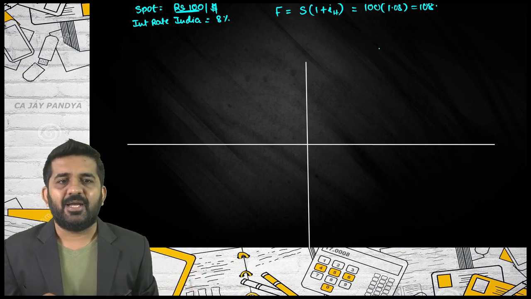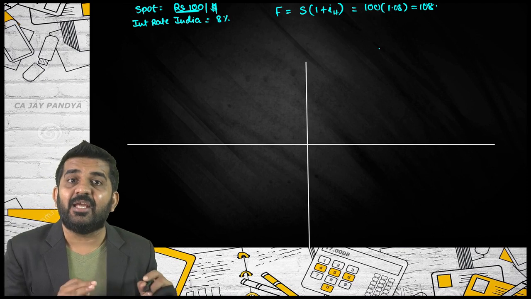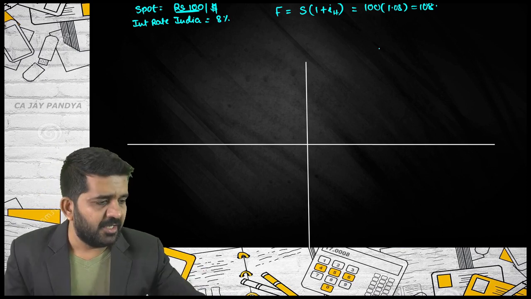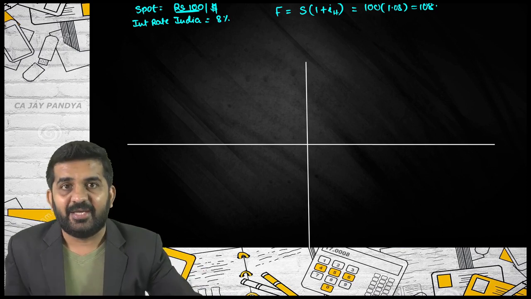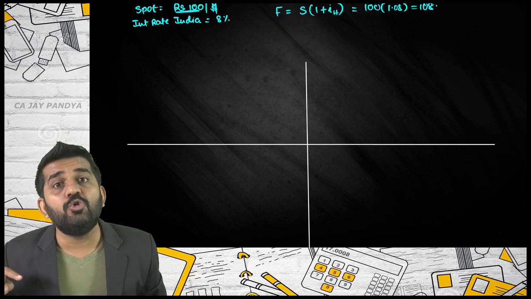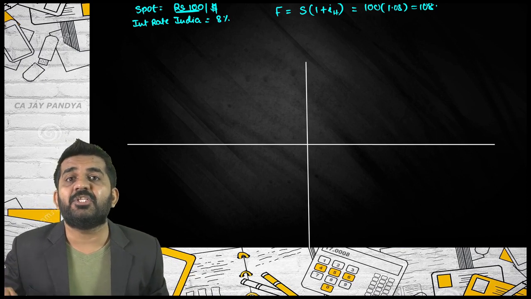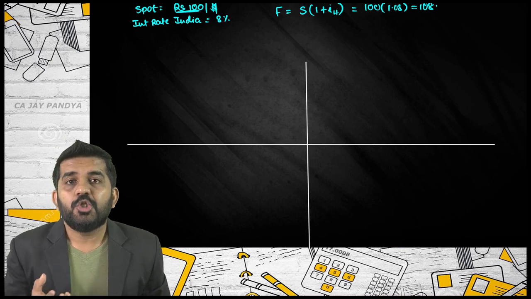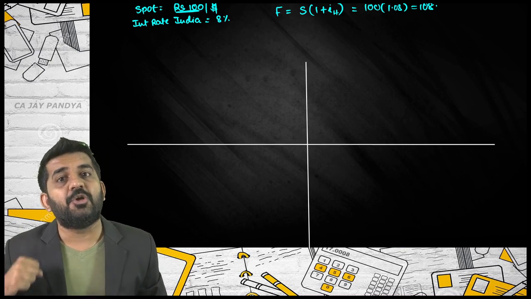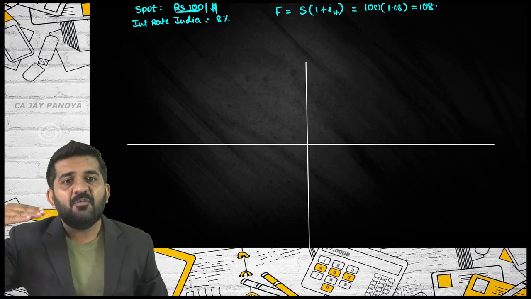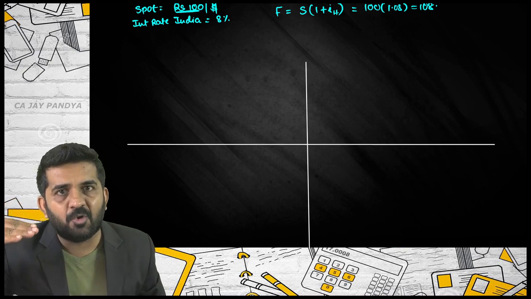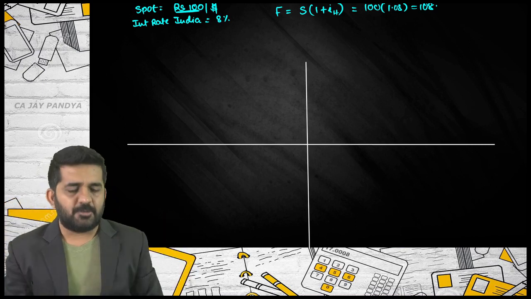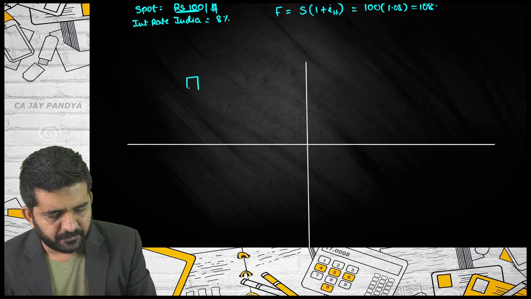But try to understand, as the interest rate or inflation in India has increased, the price has become 108. But there is a counter increase in inflation in USA also, so proportionately it should reduce also. I'll explain in terms of potatoes.